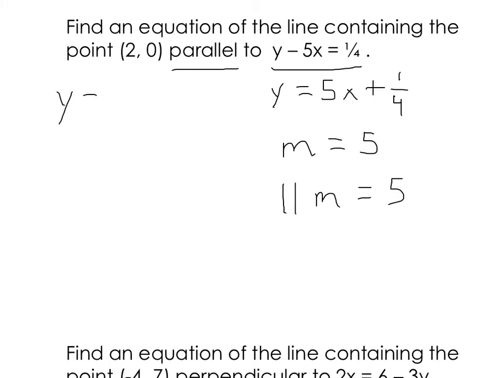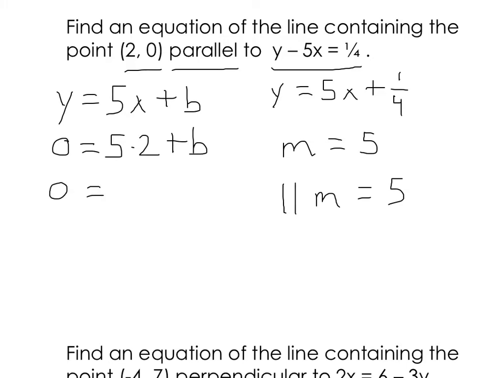So our equation will be y equals 5x plus b. We don't know what b is, but we do know that it goes through the point (2, 0). So let's substitute x equals 2, y equals 0 into this equation and see if we can figure out what b is. 0 equals 10 plus b.